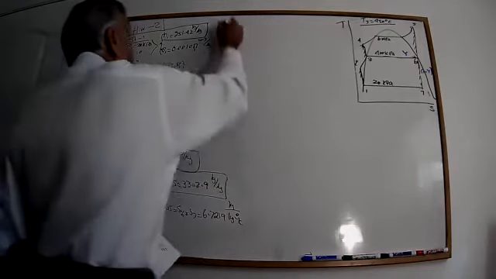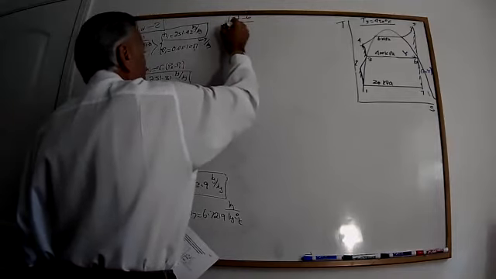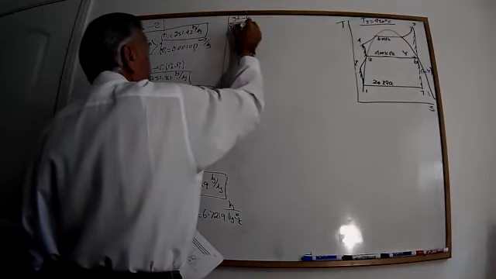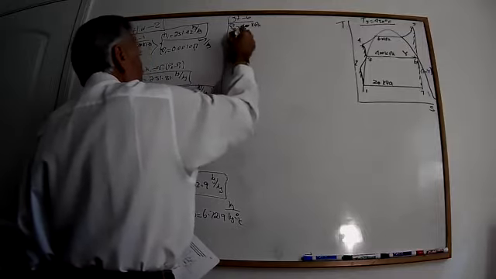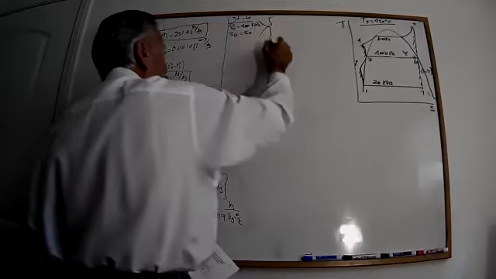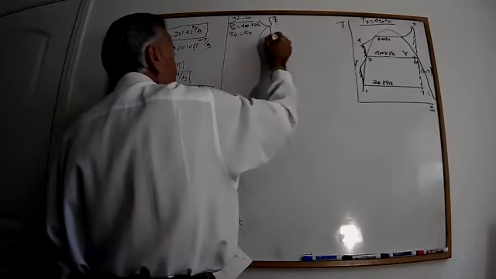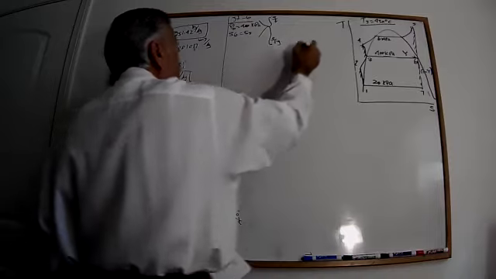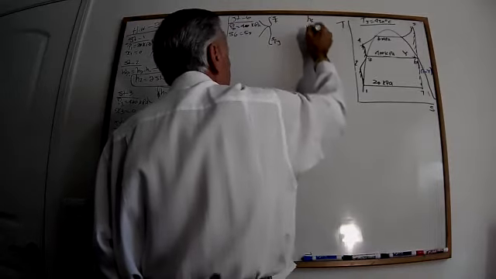At state 6, we have P6 equal to 400 kilopascal, and S6 being equal to S5. Now this time, since we are in a mixture area, we're going to find S of F, S of FG, and then H of F and H of FG.